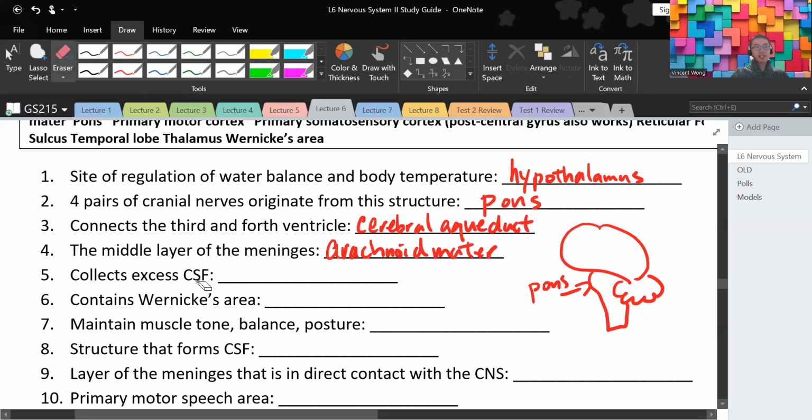Collects excess CSF. That is the thing right here in the middle of the head. That's the dural venous sinus.